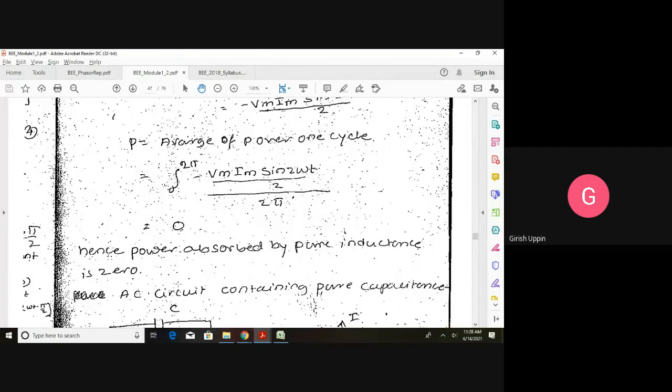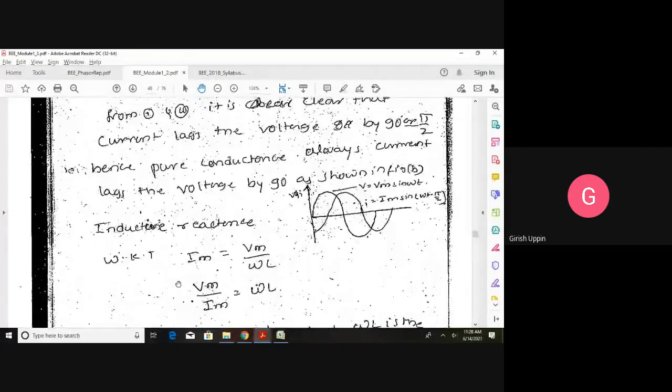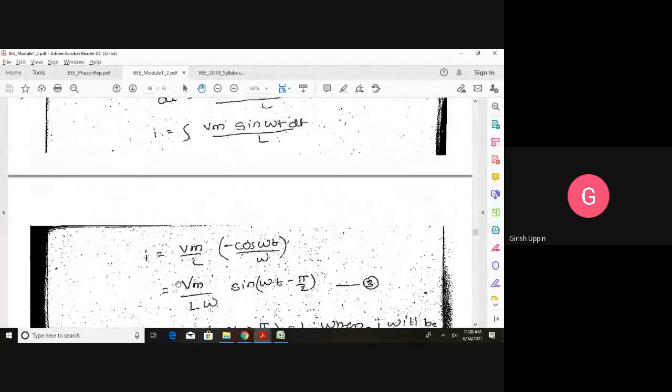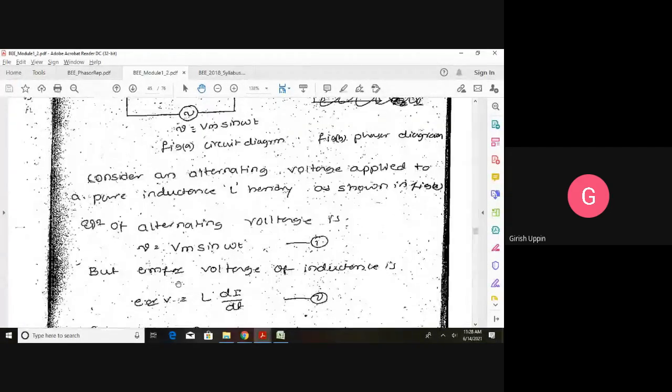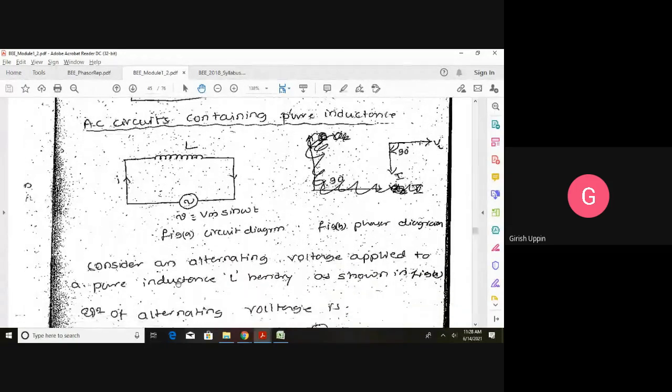So just to revise, whenever the question is asked, it can be asked to do the analysis of a circuit with pure inductance or prove that power consumed in pure inductance is 0. So you draw the circuit diagram, and this is the phasor diagram.